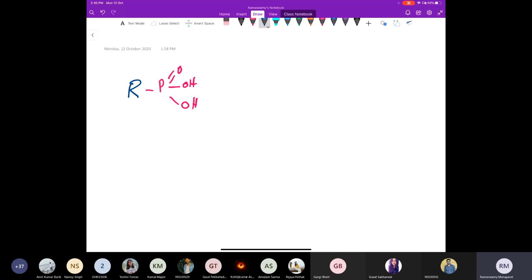Let's say R is tertiary butyl. It has a molecular weight of 100, a fictitious number. But what can happen is that four such molecules can come together and associate.